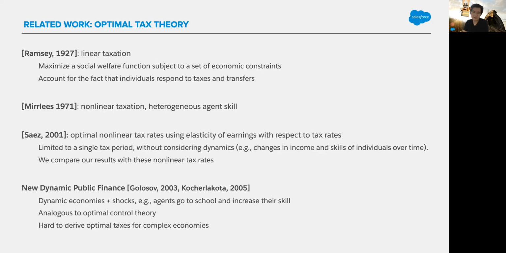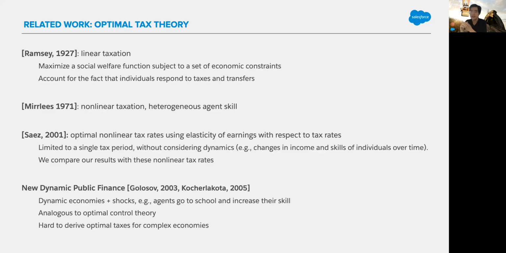And then Saez from 2001, that's by far one of the most prominent works in optimal tax theory. He had a blend of the first two, and he derives optimal nonlinear tax rates by using elasticity. So elasticity is this quantification of how much individuals respond to taxes.